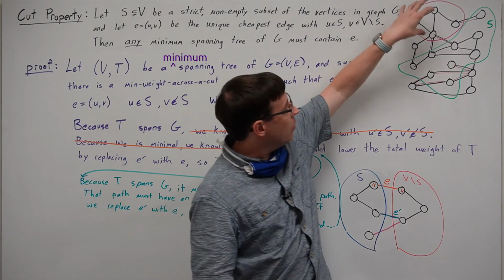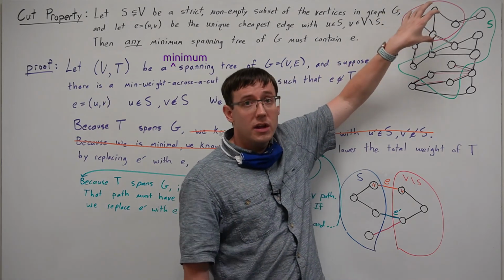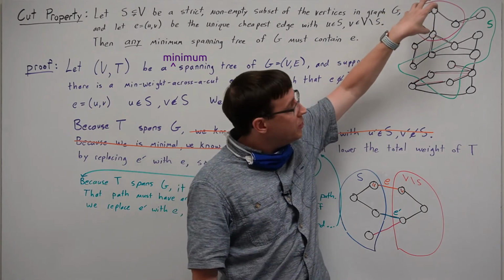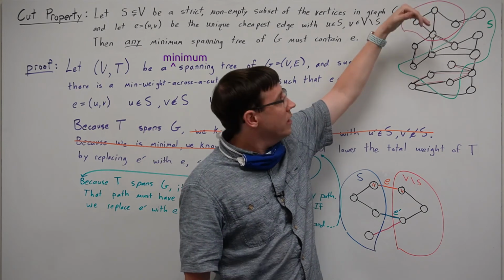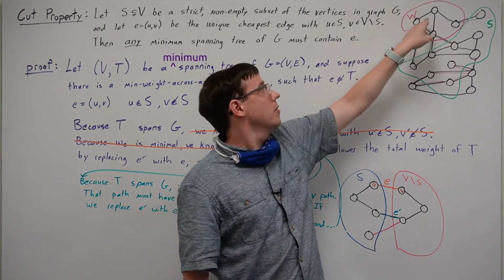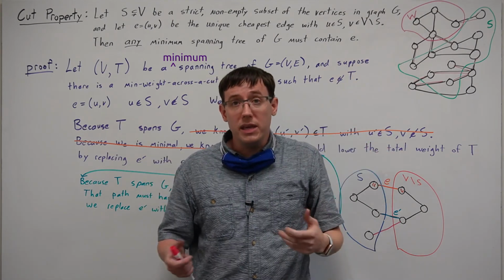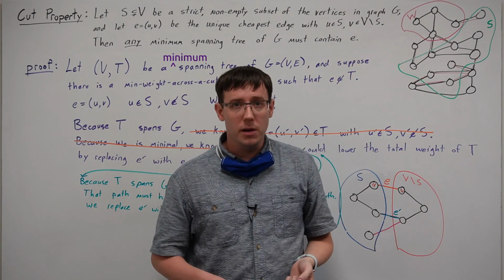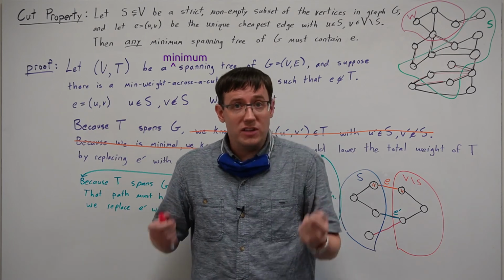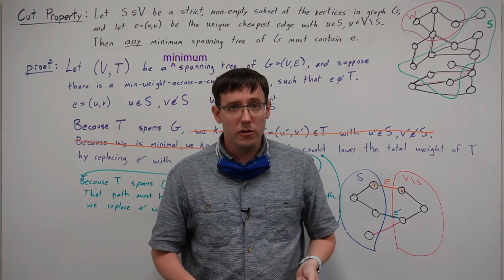And so our subset is the vertices that we've picked up to now, and we know that the cheapest edge from our subset to the rest of the graph must be in any minimum spanning tree, and that is exactly the edge that Prim's algorithm picks.